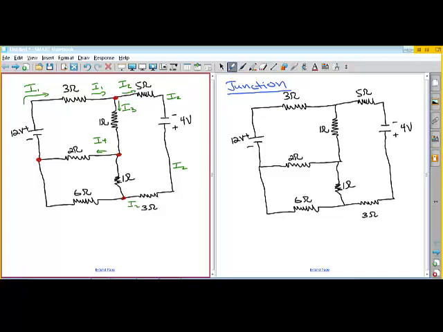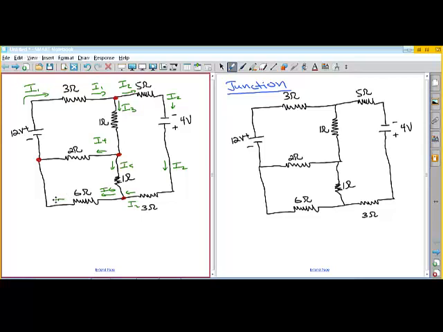So you've got current 3 coming here, current 4 going that way, current 5 coming out of the junction. We've got current 2 going in here. We're assuming it's going this way. If we guess wrong, we'll find out. Current 5 comes down here, goes into this junction, and then we have current 6.